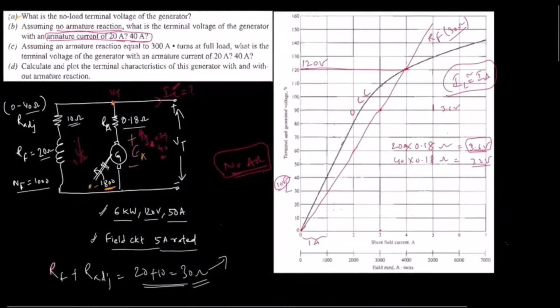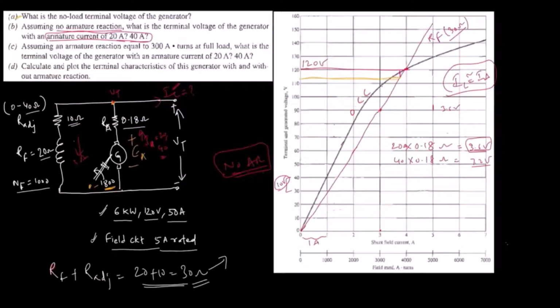So I will fix this line somewhere like this, 3.6, which is touching exactly the OCC line and the RF line. So now from here I will calculate the terminal voltage. This is the terminal voltage, somewhere here.